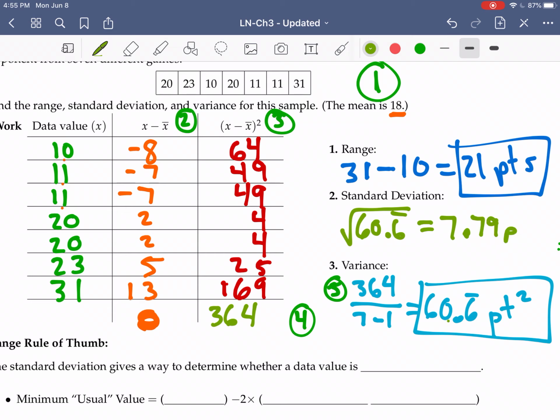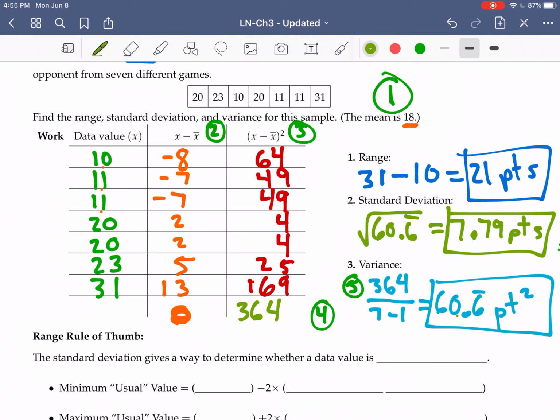And the units here again are going to be points. So there we have found our standard deviation, 7.79 points. The variance is 60.6 repeating points squared, and the range was 21 points.